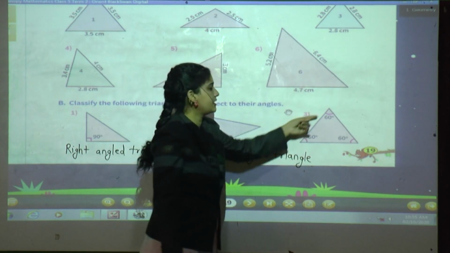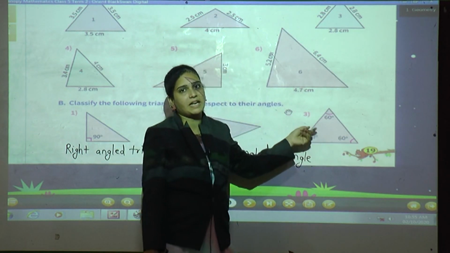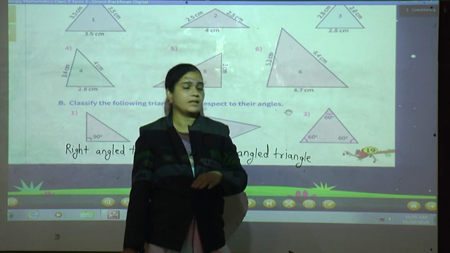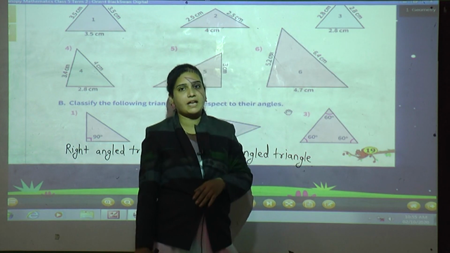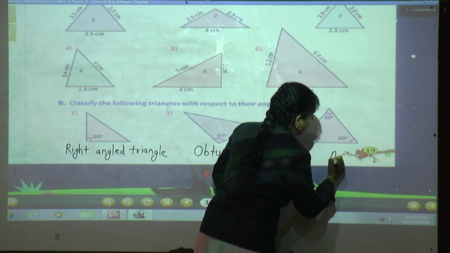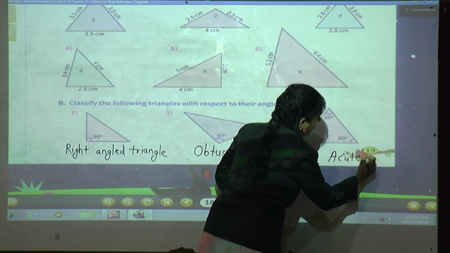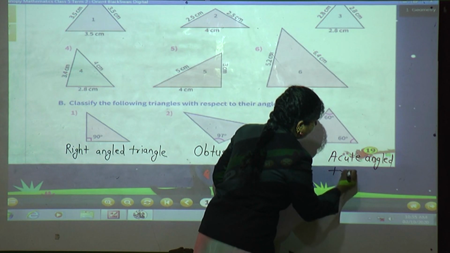And here you can see that all three angles are of 60 degree. That means less than 90, and the angles which are less than 90 are called acute angles. So this is an acute angle triangle.